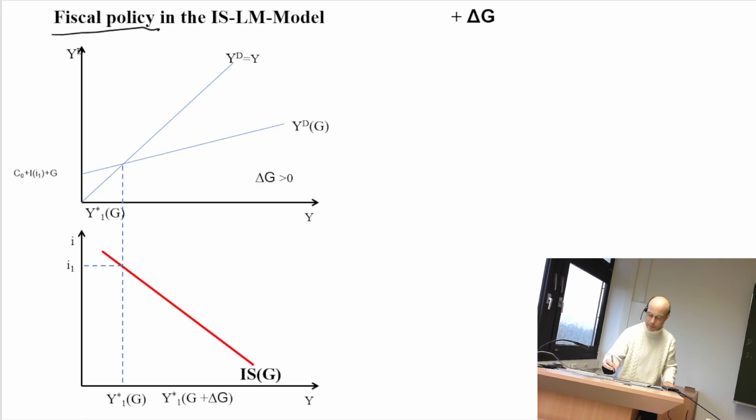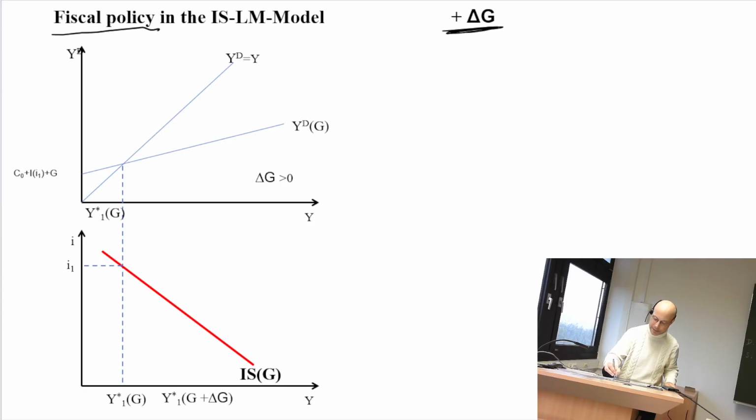So now think of we increase government expenditure by plus delta G. Again, we are in our commodity market because G we do not find in the money market, so nothing happens to the LM curve.